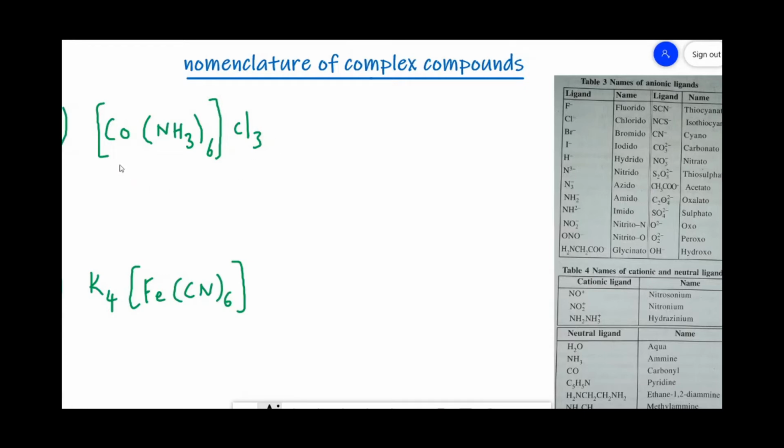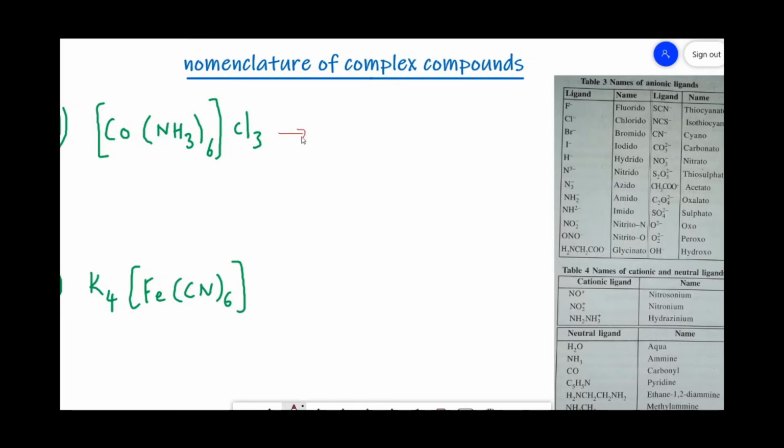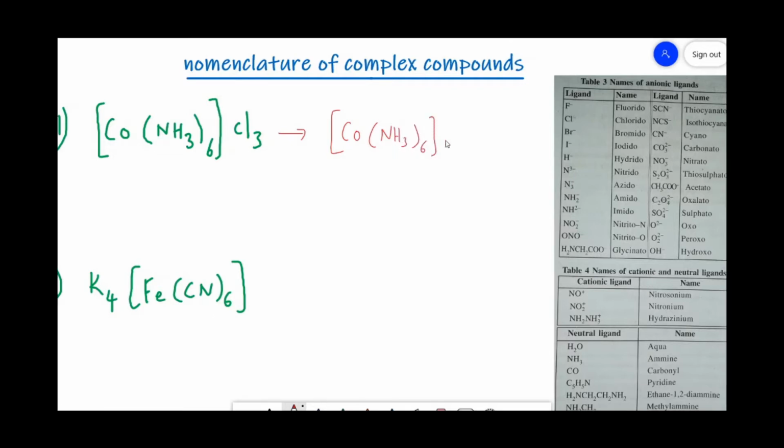The first point is that we have to identify what the type of complex is. For that, first you have to ionize the complex. When you ionize this complex, we get cobalt, NH3 taken 6, with charge 3 plus, and 3 chlorines, that is 3 Cl minus ions.